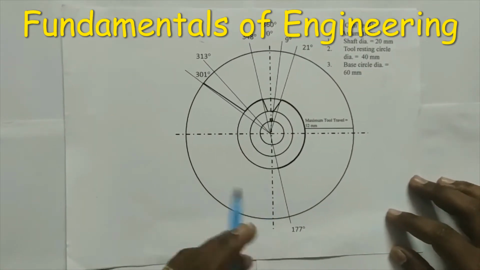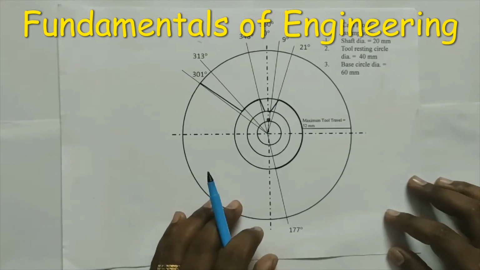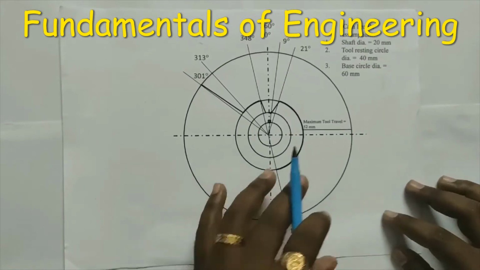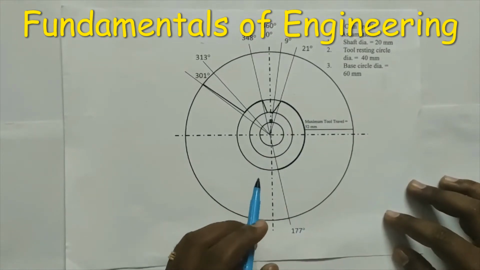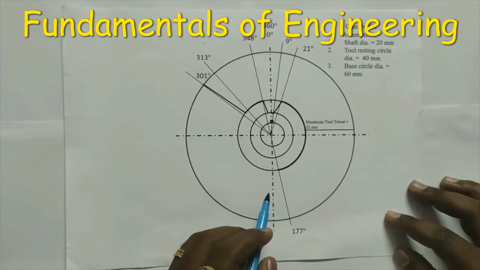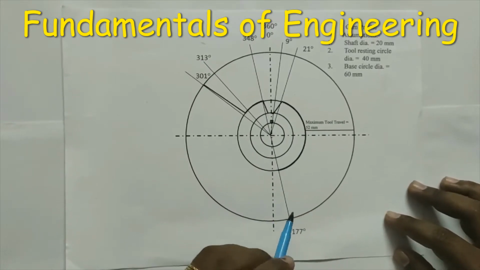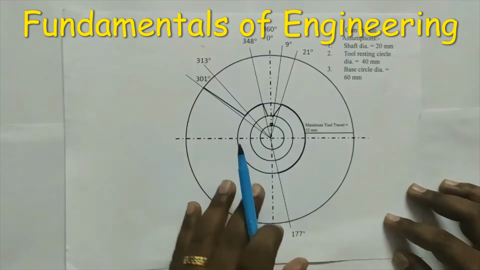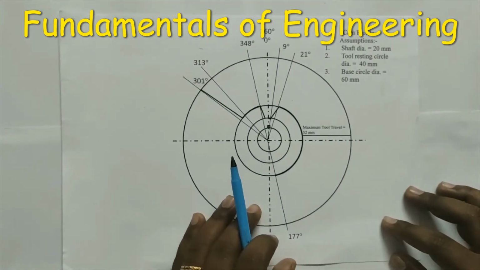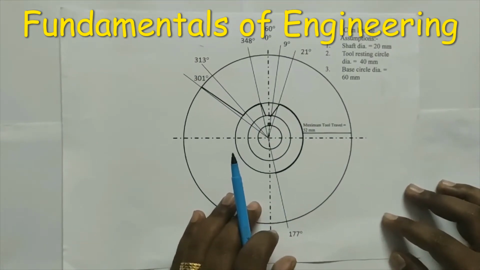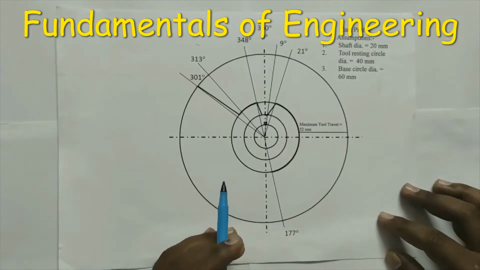Now you can see this is the actual cam design. In this we are going to see the design of the cam profile for the drilling operation. How this diagram is developed, see the video, the link is given in the description.